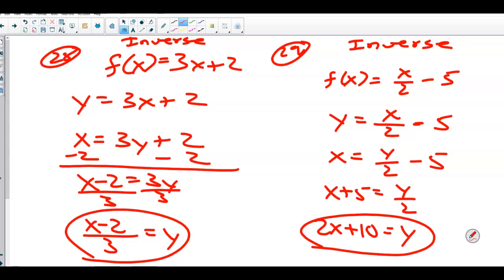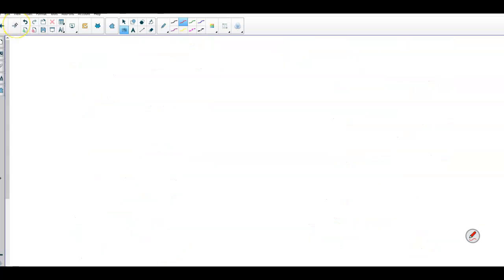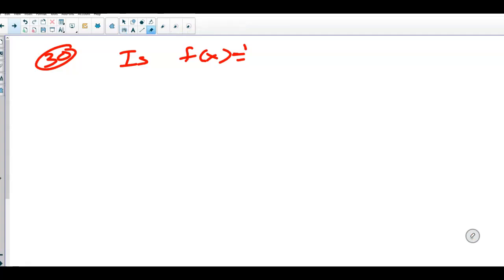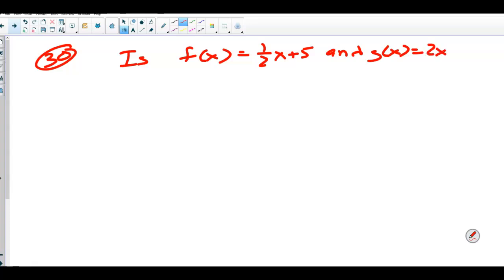If you want to determine whether something is an inverse of each other, this is what we're doing on 30. Is f of x equal to 1/2 x plus 5, and g of x equal to 2x minus 10, inverses of each other?